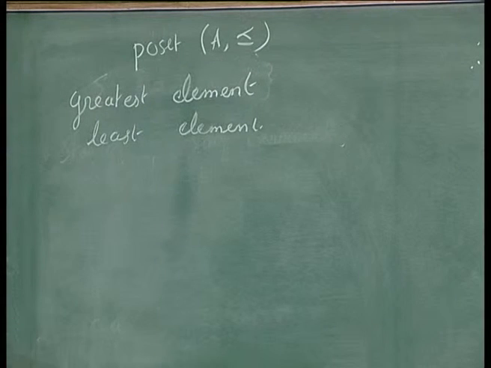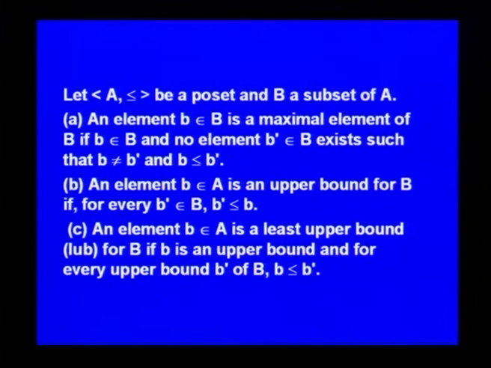Let A, less than or equal to, be a poset and B be a subset of A. An element b belonging to B is a maximal element of B if no element b dash belonging to B exists such that b is not equal to b dash and b is less than or equal to b dash.